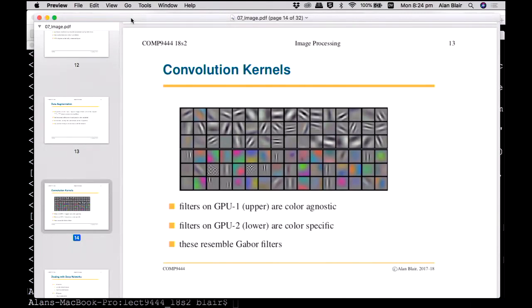Okay, you're asking about convolution for time series. To be honest, it's getting a little bit out of my area.